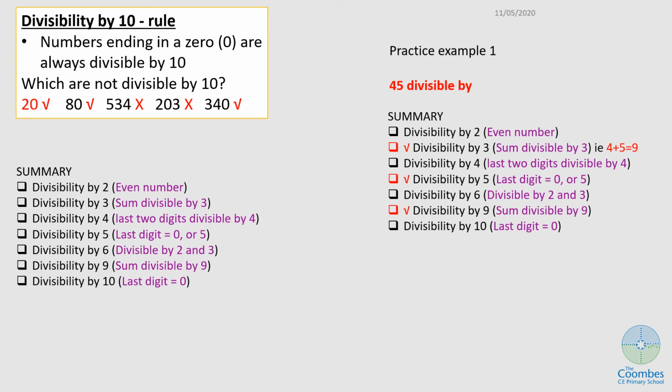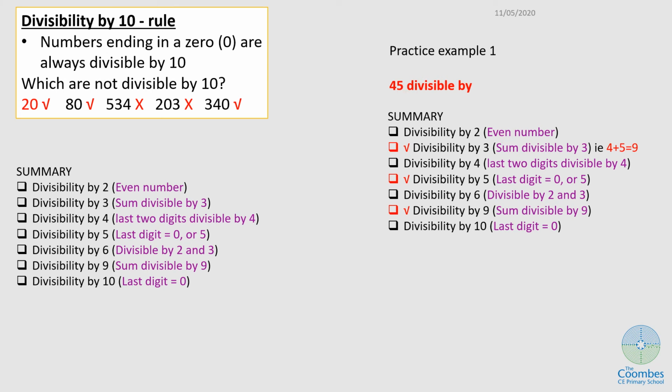Right, let's look at a practice example here. If you were given the number 45, can we check whether 45 is divisible by any of those numbers? Come with me here. Now we know the divisibility rule for 2. Is 45 an even number?